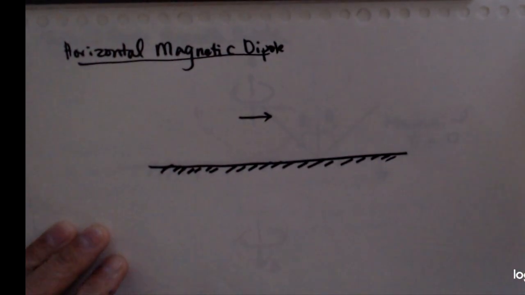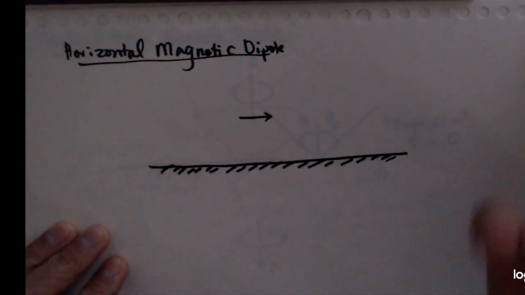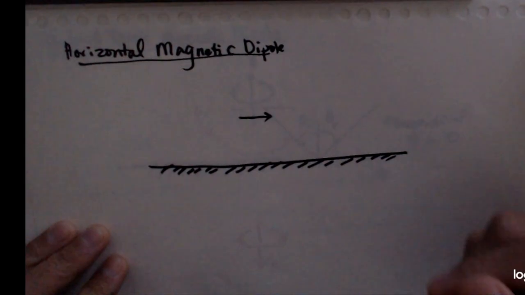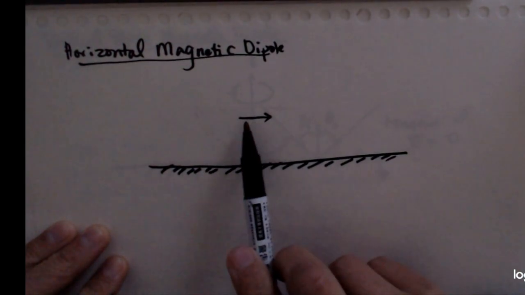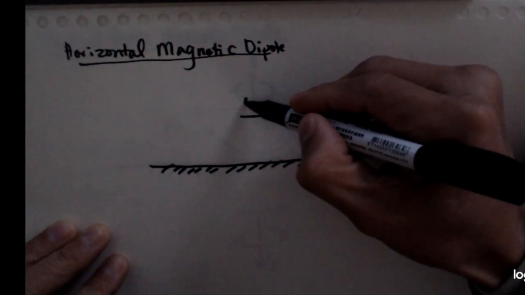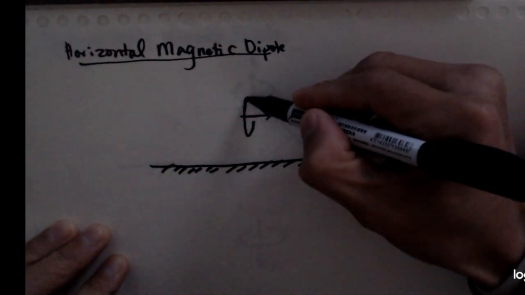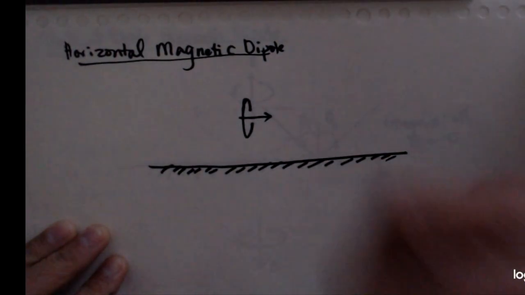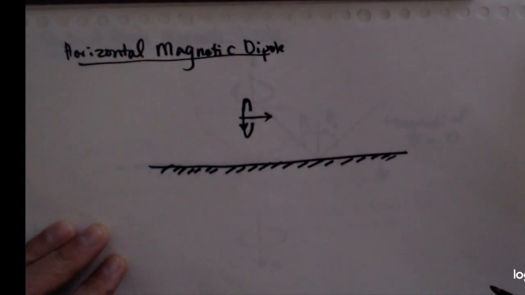So obviously, in order to produce this magnetic dipole with the magnetic field pointing to the right, you need to have a current loop. And this current loop has to have a current flowing like this.